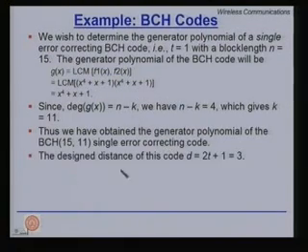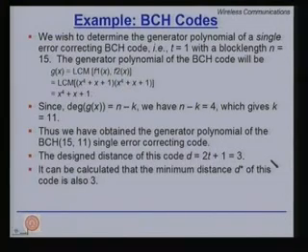The design distance of this code is 2t plus 1 equal to 3. It can also be calculated that the minimum distance of this code also happens to be 3. If the minimum distance is 3, it is definitely a single error correcting code. In this case, the design distance is actually equal to the minimum distance of the code.